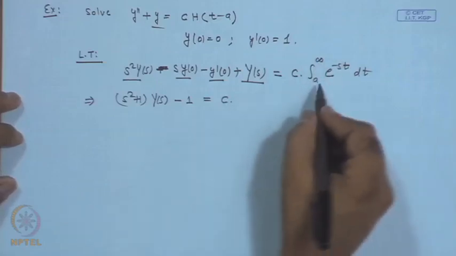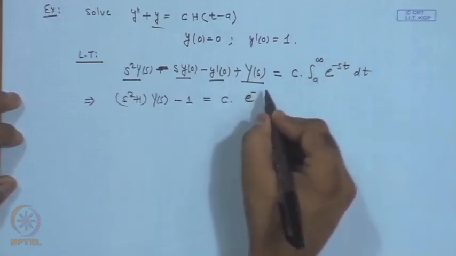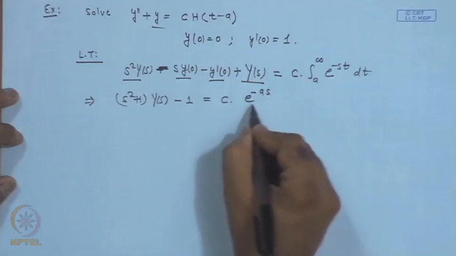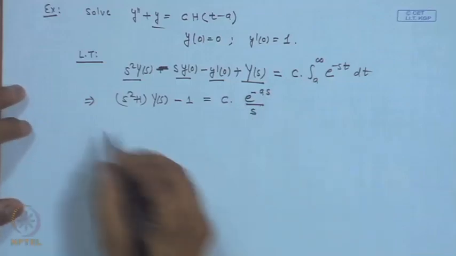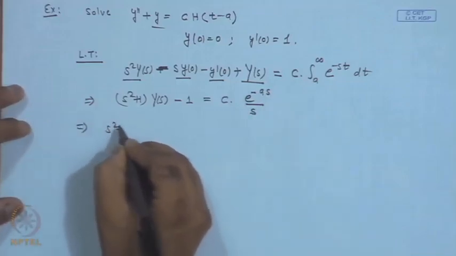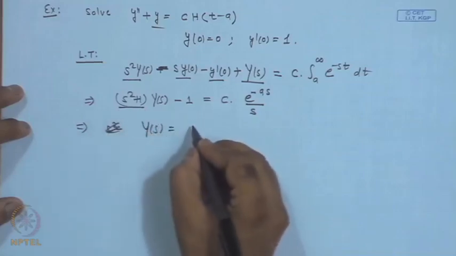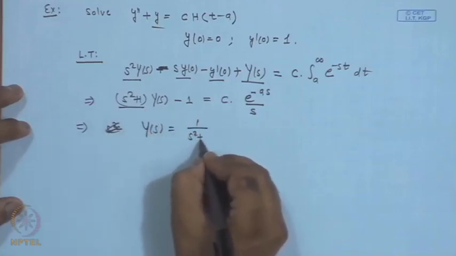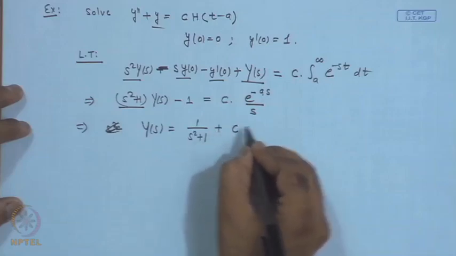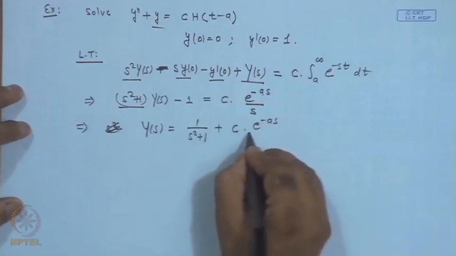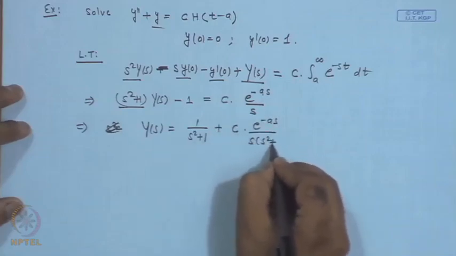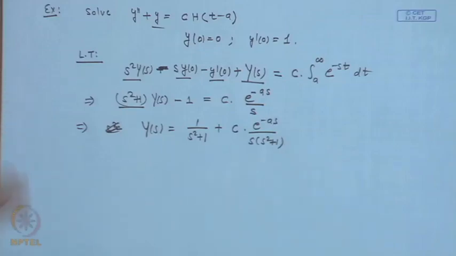So, we have e power minus a s over s. Taking this to the right hand side, we have Y(s) equals 1 over s square plus 1, plus c times e power minus a s over s times s square plus 1.